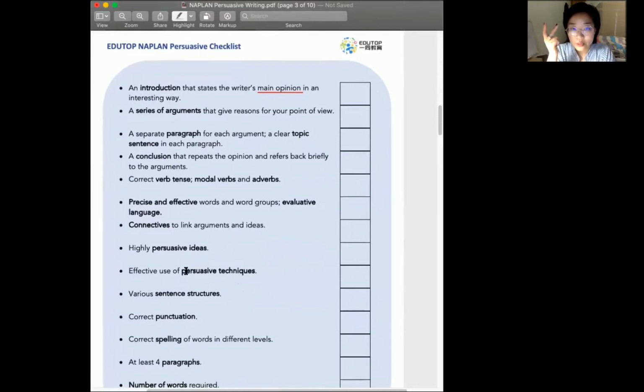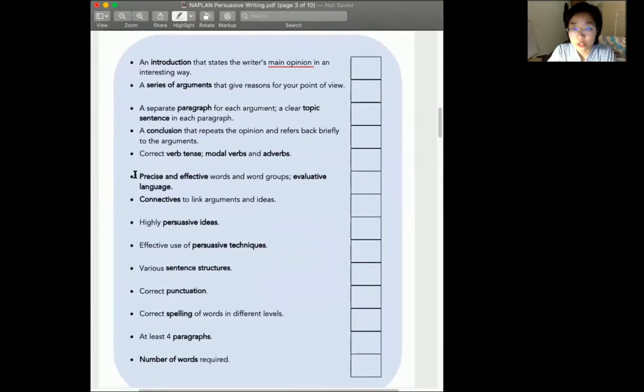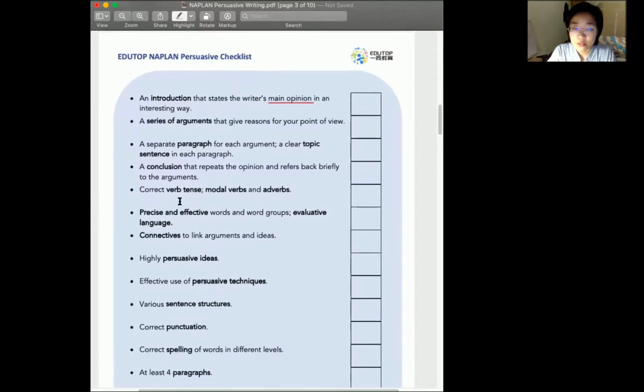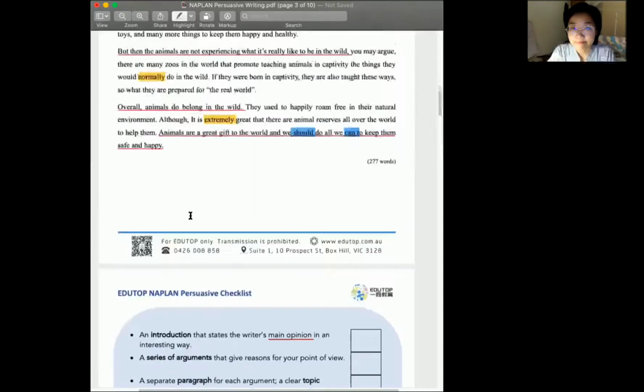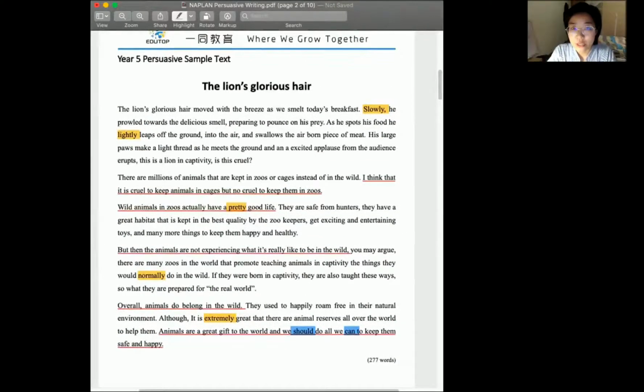The next point we are looking at will be precise and effective words and word groups. So we talk about what precise and effective words are. They are words that specifically relate to the topic we are talking about in this writing. So we have to find those ones. You can pause here and try it for yourself.